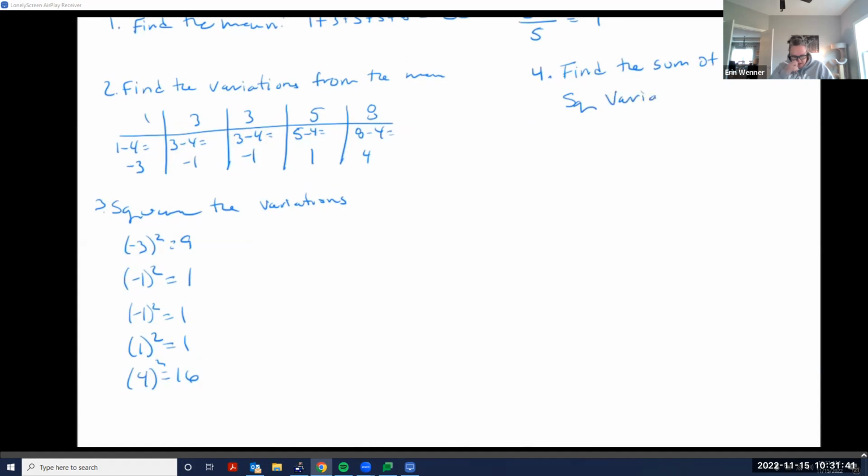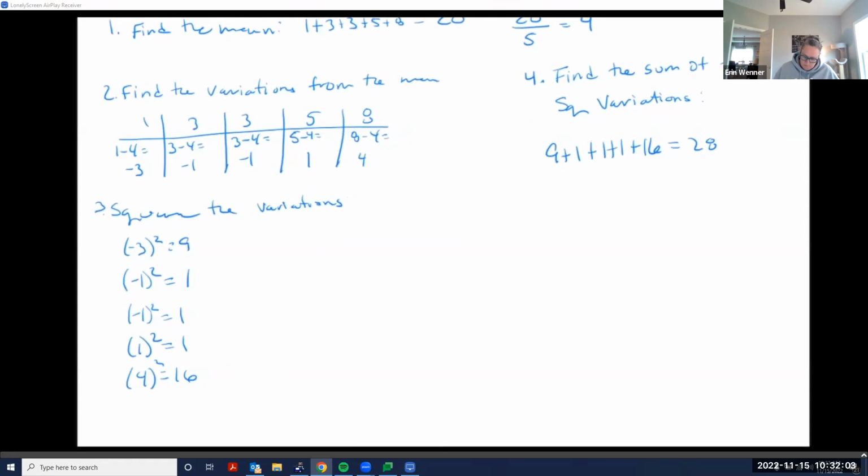So we're going to take those values, 9 plus 1 plus 1 plus 1 plus 16, which gives us a sum of 28. And then we divide that by n minus 1, or 1 less than the number of data points. So we're going to find the variance. It's going to be 28 divided by 5 minus 1, or 28 divided by 4, which gives us 7.